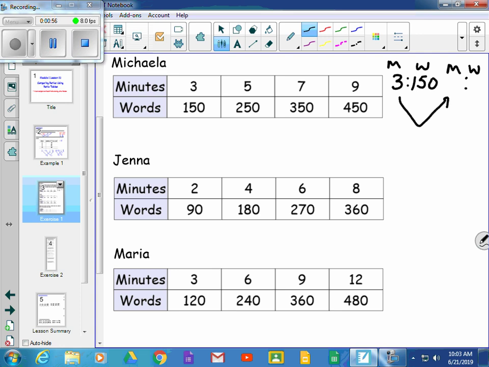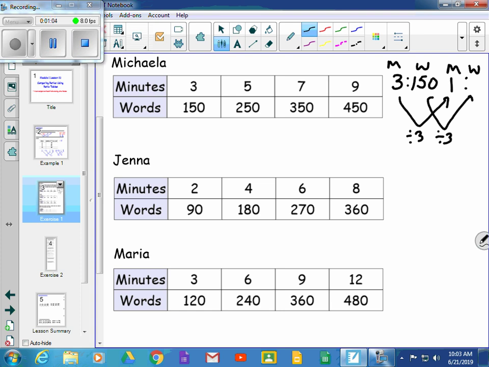I can divide a 3 out of those. Three divided by 3 is 1, and 150 divided by 3 is 50. So this one here has a ratio of 1 to 50. Every one of those ratios in that table is equal to 1 to 50.